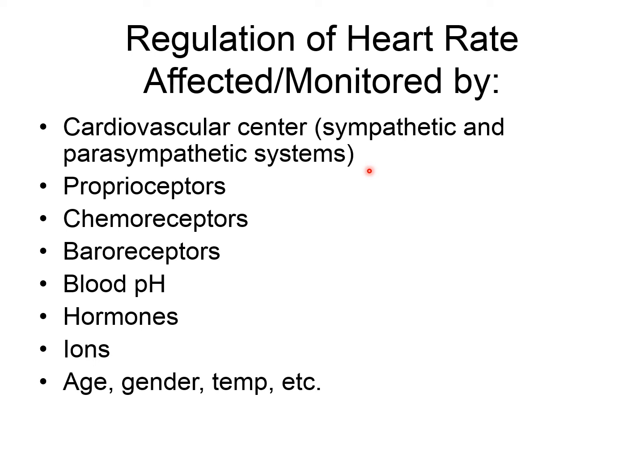So all these things can change the beating capacity, the beating frequency, and the force of beating of the heart. So we can see the involvement is only in special conditions.